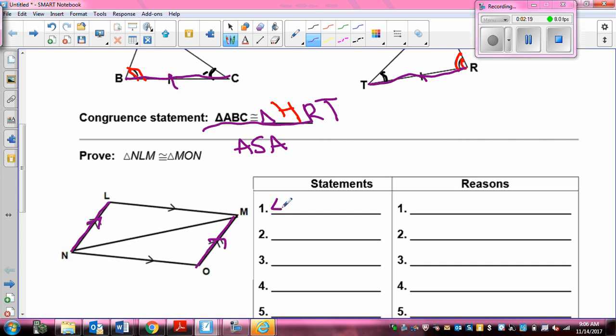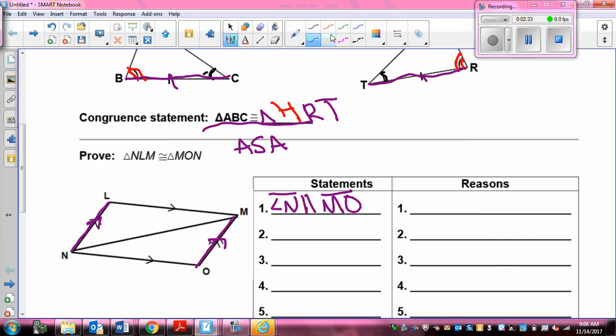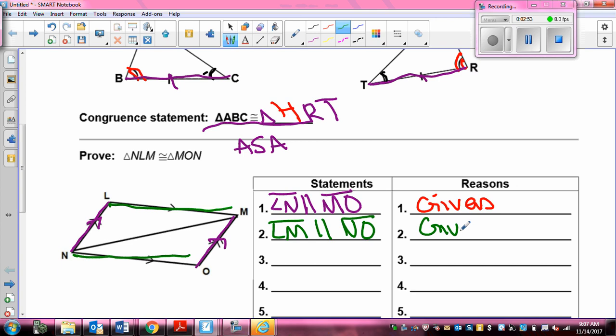So I'm going to say L to N is parallel to M to O. And my reason is going to be that's what's given in our diagram, so that's given. Also, my other two sides are parallel, so I can say LM is parallel to NO, which is given. This is my diagram, so that's what they're giving us.